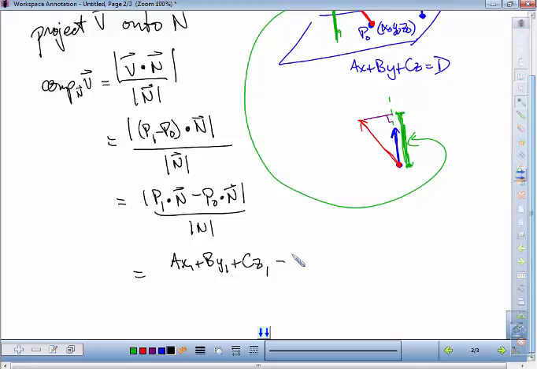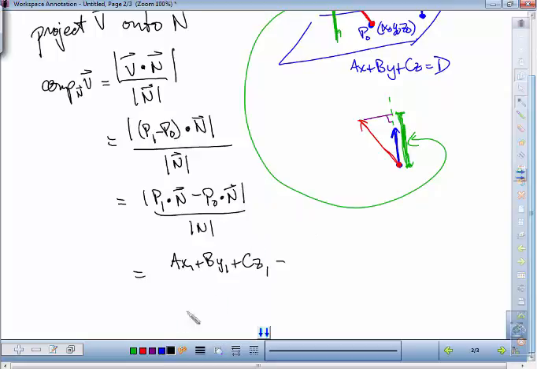P naught is a point that's on the plane. So if you dot any point on the plane with a normal vector, what are you going to get? Zero, no? Or the plane constant. The plane constant.